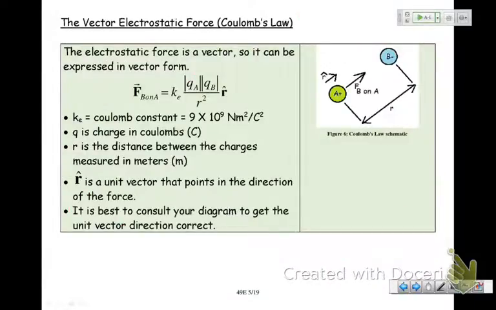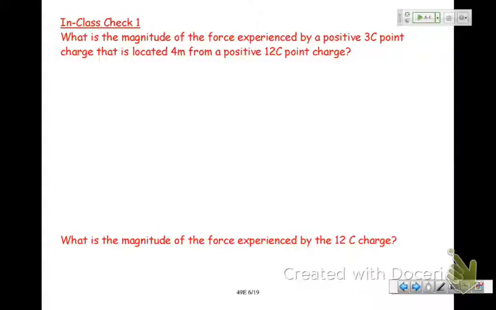Okay, so did I do this example? Let's do it then. I skipped a slide. What is the magnitude of the force experienced by a 3 coulomb positive charge? So we have plus 3, in another little sphere, and a 12 coulomb positive charge, 12 plus, separated by 4 meters. So there's my visualization. Now I'm not quite finished.